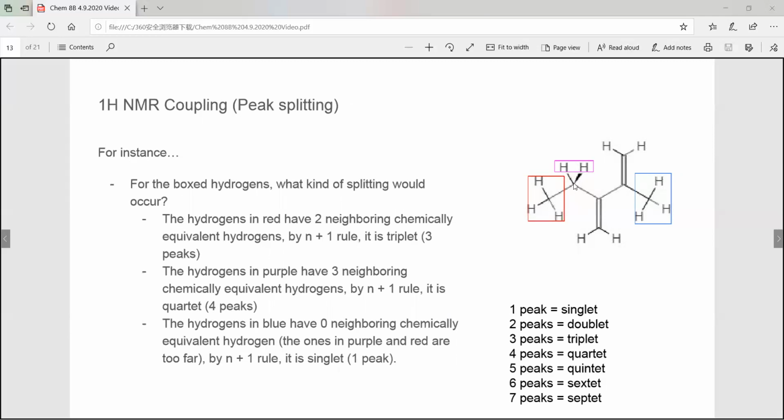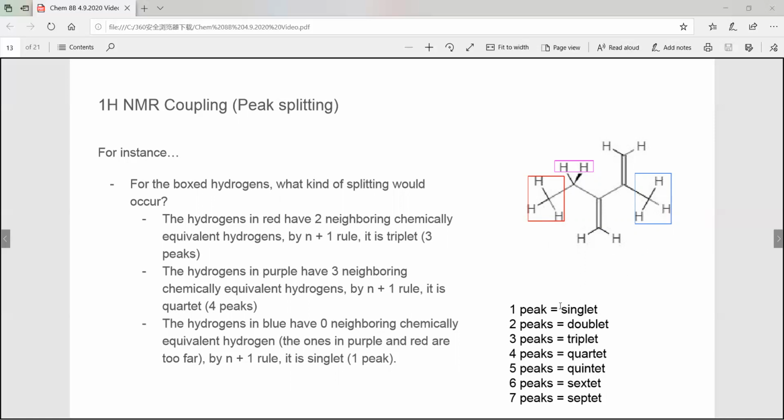So 1, 2, 3. 3 bonds only gets us here. The hydrogens in purple have 3 neighboring hydrogens, so by the n+1 rule, it is a quartet. The hydrogens in blue have 0 neighboring chemically equivalent hydrogens, as they're too far away, so by the n+1 rule, it is a singlet.